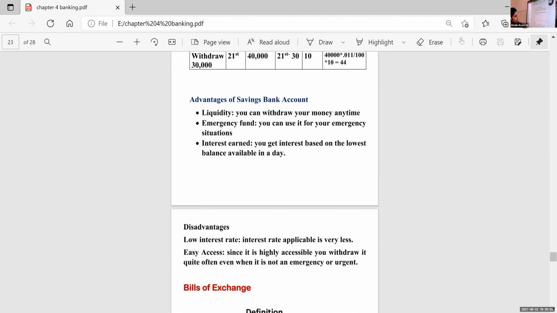Why? We will have a temptation to withdraw. Feel like having an ice cream, we withdraw the amount. Even if the situation is not urgent, not at all an emergency, we have the temptation to make unnecessary purchases and expenses. So that is a disadvantage. Only 2 points as disadvantages.